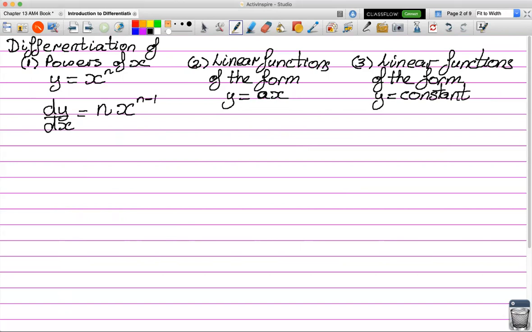So hopefully by now you've learned that phrase: multiply by the power and put the power down one.